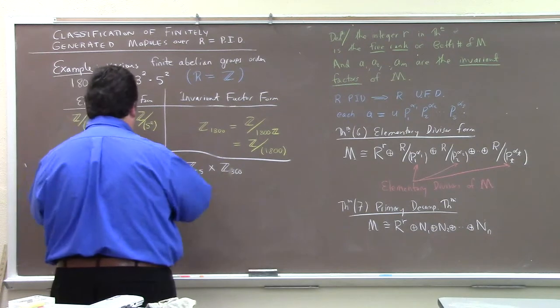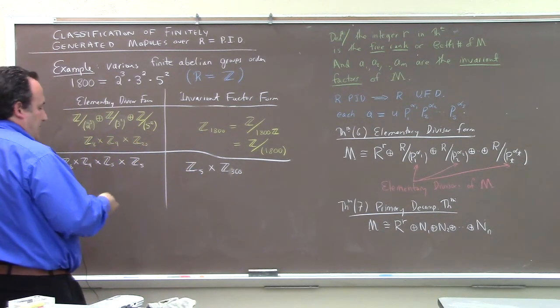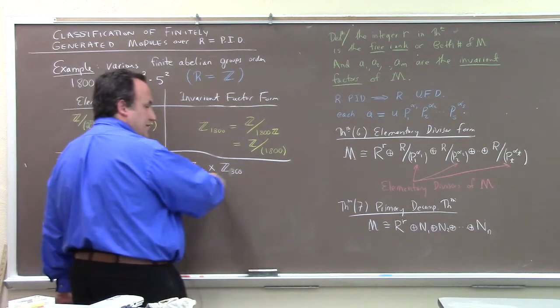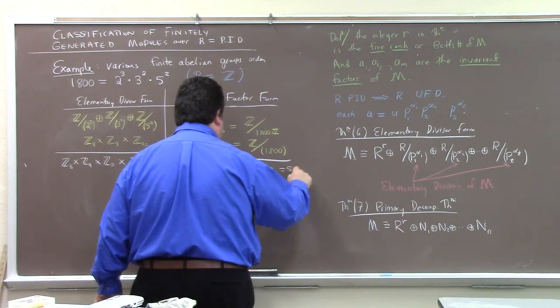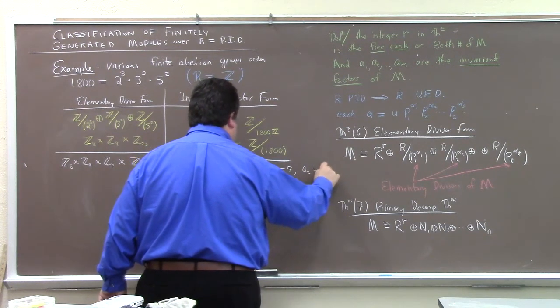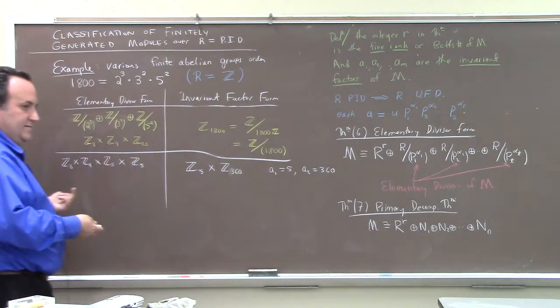These are isomorphic. Here A1 equals 5 and A2 equals 360. As you can see, 5 divides 360.